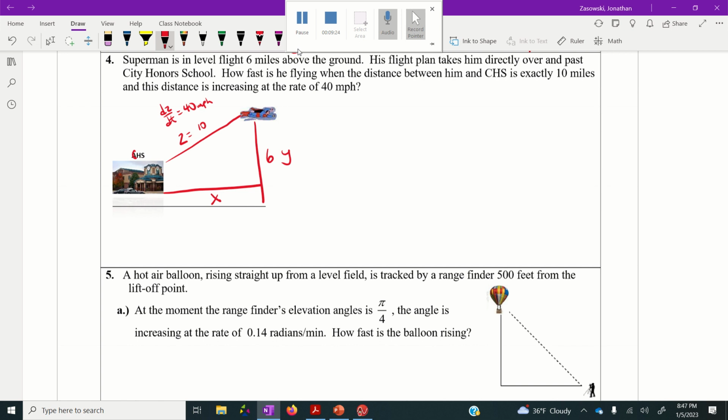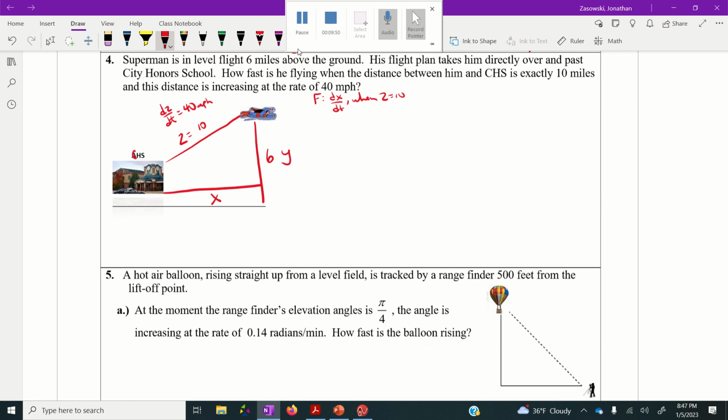That's this side. Technically, we're trying to find dx dt when the distance between him and the school, which is this side, when z is equal to 10, and we already know that y is equal to 6. He's in flight 6 miles above the ground, so this is going to stay at 6 here.